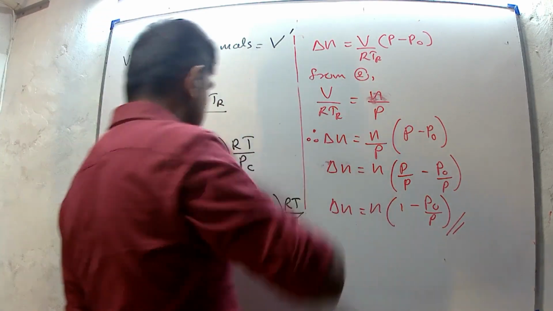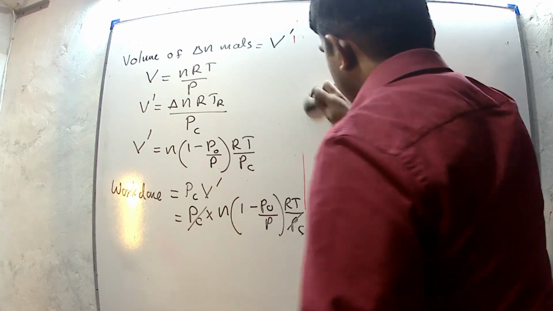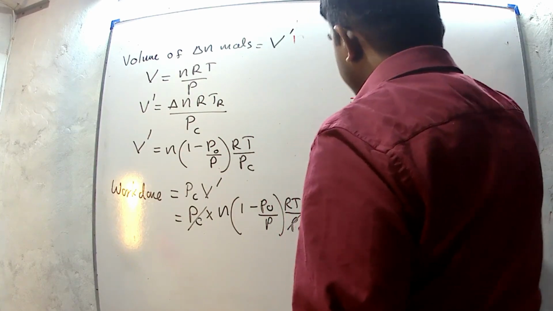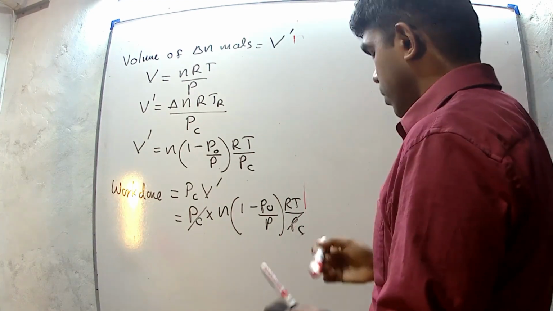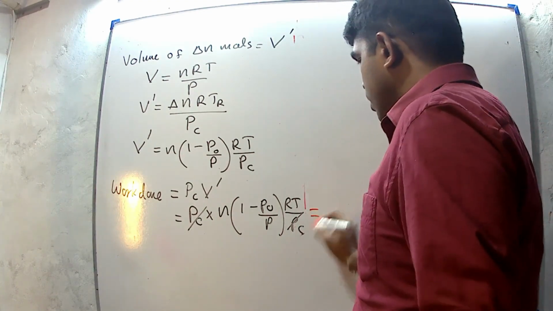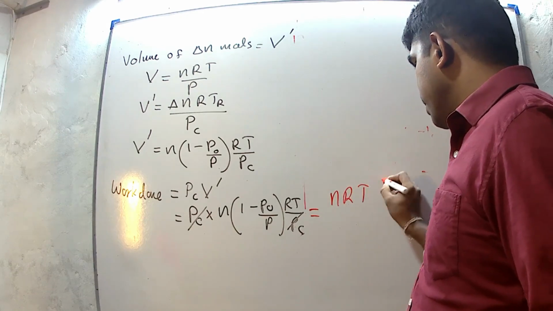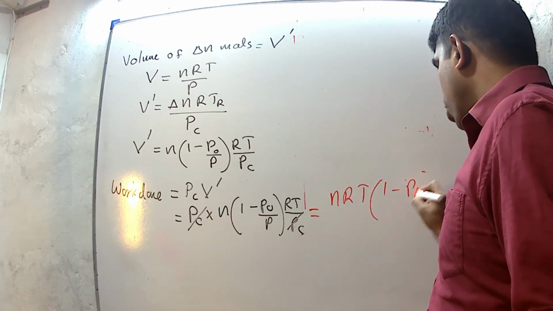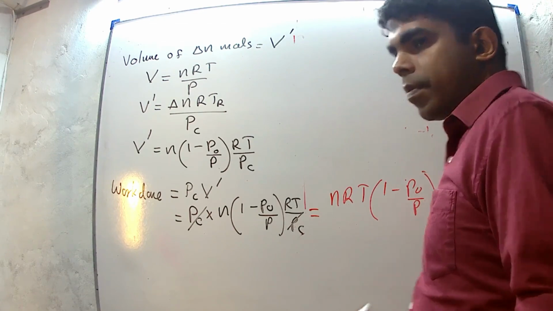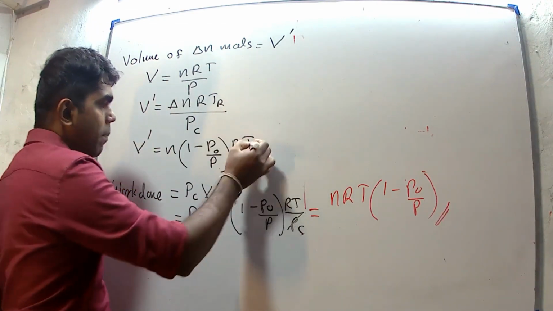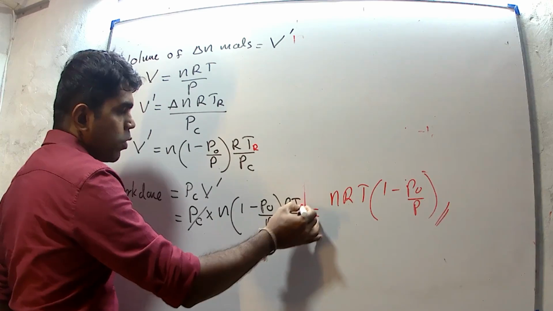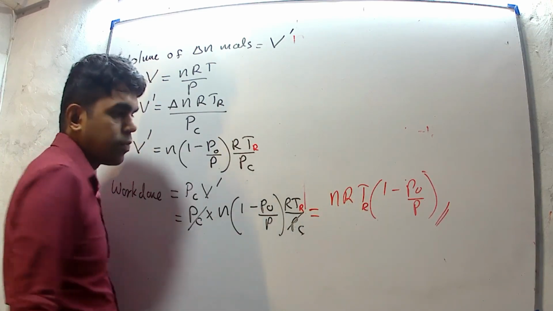Then we can get work done is nRT times 1 minus P naught over P. This temperature is room temperature. Therefore, we have to use TR for the room temperature.